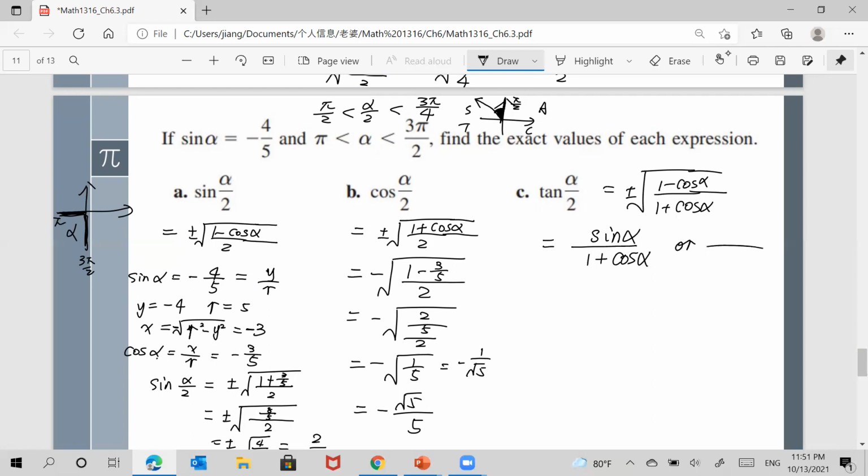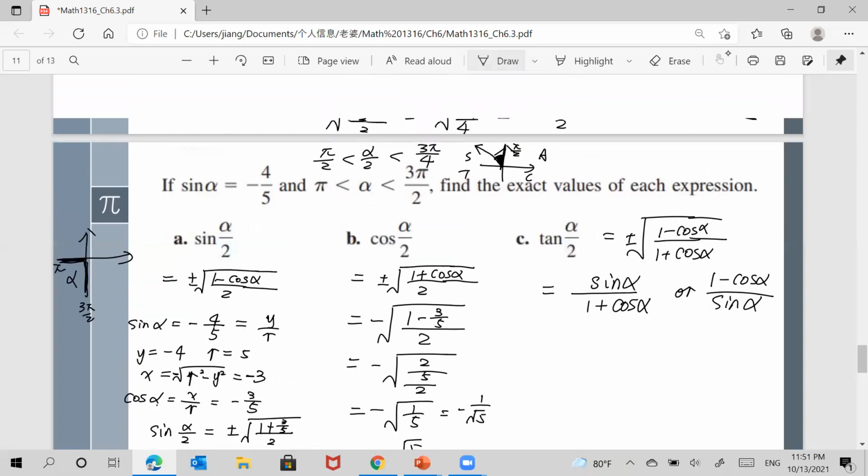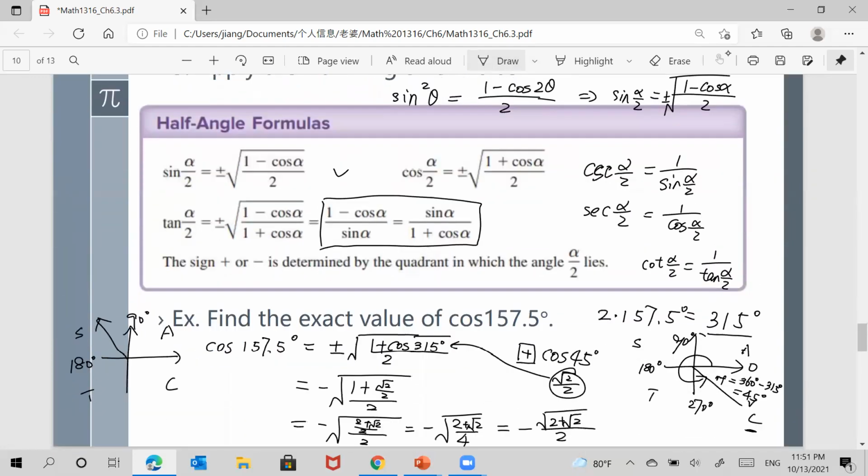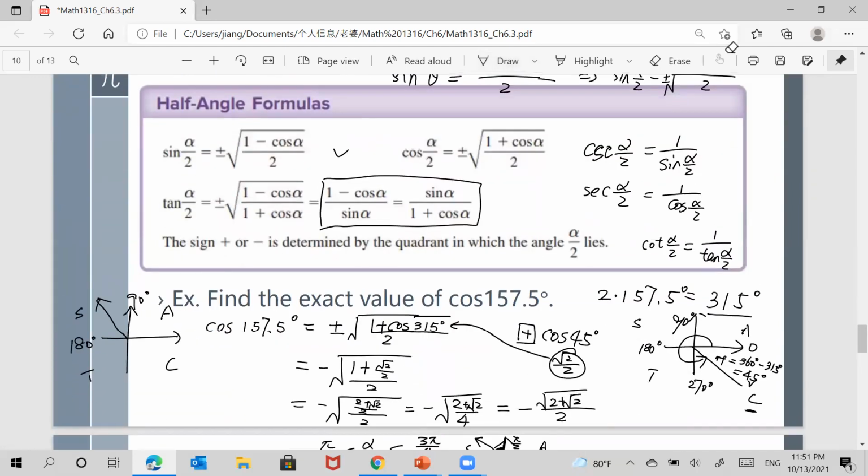Or can we use 1 minus cosine alpha divided by sine alpha? Because it's easier, it doesn't have a square root and plus or minus sign here. So if you are not sure about that, go back to check here and there.